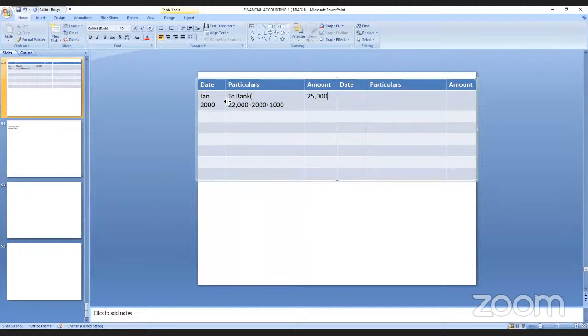How many years were they asked to write it down over? Look in the question. 5. 25,000 divided by 5. Yes, it is 5,000.